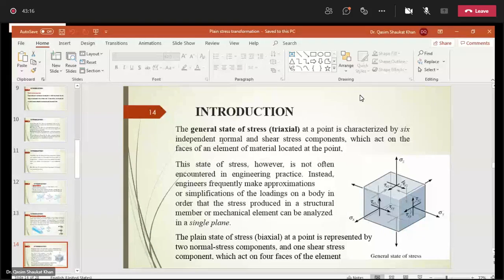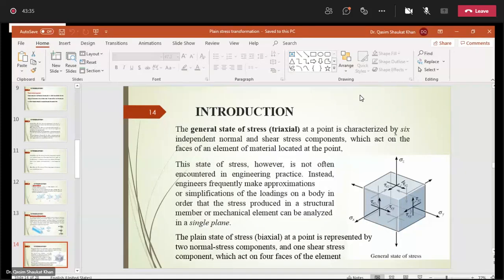And as we have seen, as we have pointed out, there will be three normal stresses and there will be three shear stress components. So now read this.